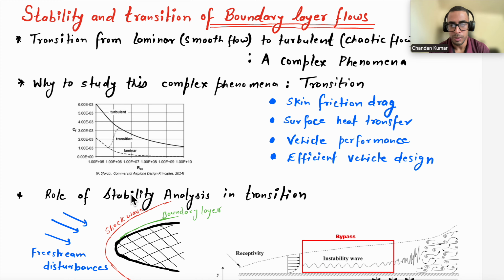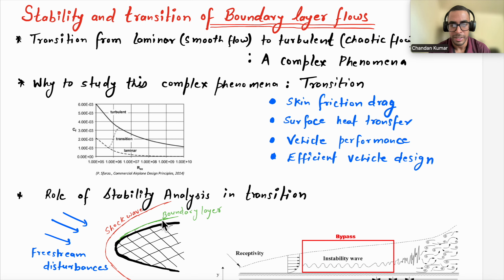So the role of stability analysis in transition is that, let's say I have some sharp geometry flowing at high speed and some shock wave ahead of it, and then there are free stream disturbances that come into the flow, and these disturbances move in the boundary layer, and depending on the condition of the flow, these disturbances which are coming from the free stream can grow or decay.